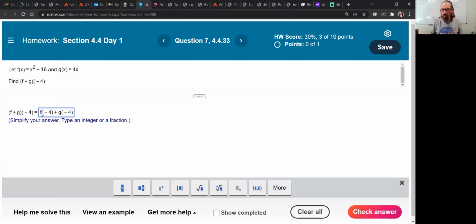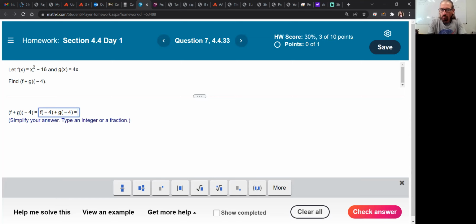That's supposed to be talking about a new function, f plus g, from the f and g that we start with up here. And then we're supposed to evaluate it at -4. But the definition that was just given is also telling us that that is, on an individual basis, evaluate f of -4 and g of -4, and then add them.